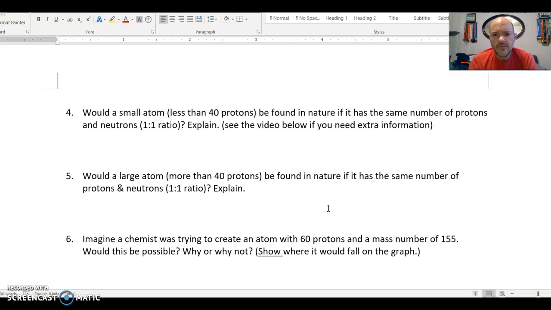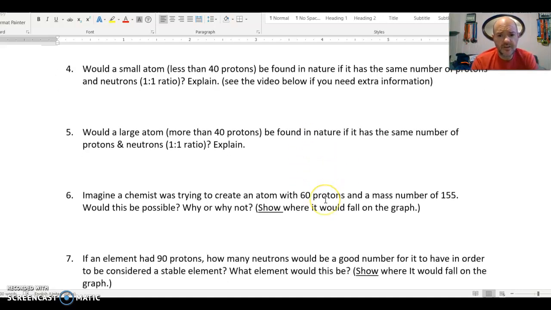For number 4, I want you to look at the graph to kind of think about this answer. Could something with less than 40 protons have the same number of protons and neutrons? And same thing for the large atom. There's also a video at the end of this that you can watch that's super helpful in thinking about why atoms are stable.